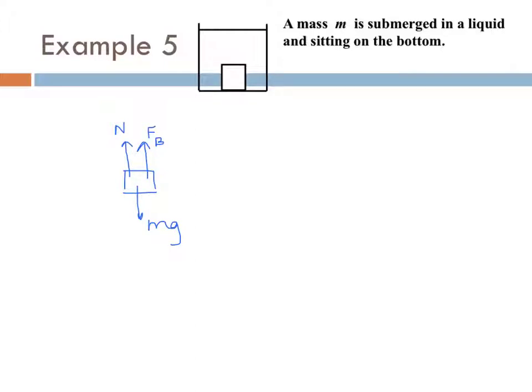Because it is just sitting there, our normal force plus our buoyant force is going to be equal to gravity. Or if you'd like, the sum of the forces the way we normally write them. So remember that our normal force plus our buoyant force, which is rho g v, is equal to mass times gravity.